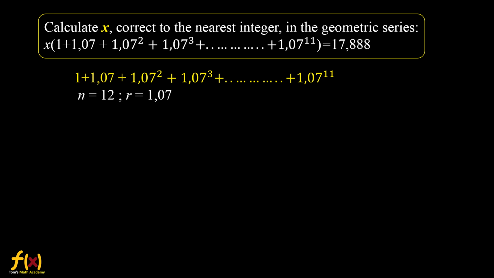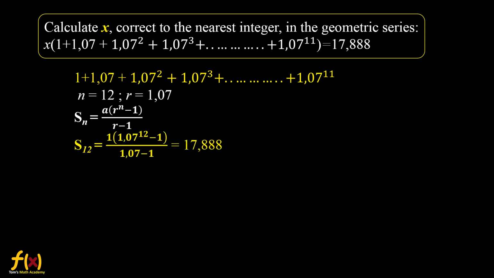Then we calculate the sum using the formula. We substitute into the formula and we get S of 12 terms, the sum of 12 terms. Use the calculator, and we get 17 comma 888.